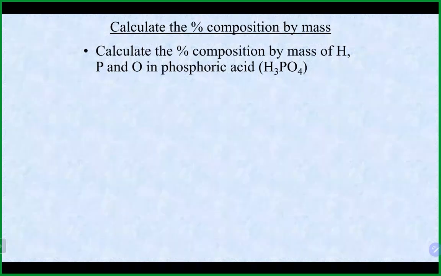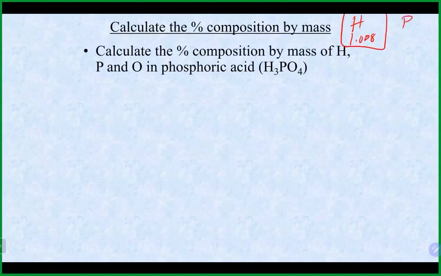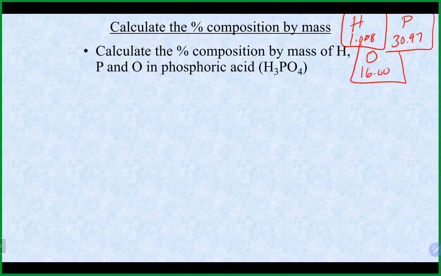I'm going to give you some numbers that might be helpful. Hydrogen 1.008, phosphorus 30.97, and oxygen 16. All right, so we're looking for the percent composition of each of these elements in this formula. So come up with what you got.